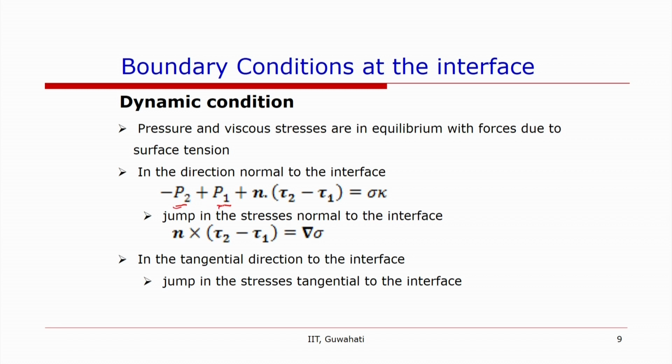Pressure, as well as normal stresses that might be there due to the flow, will be equal to sigma kappa. Now, if there is Marangoni convection, which is caused by the gradient of surface tension, then this term is because of that.